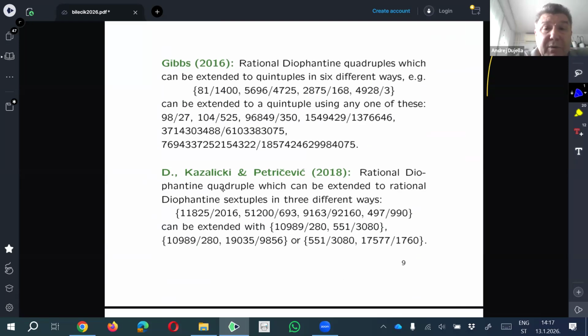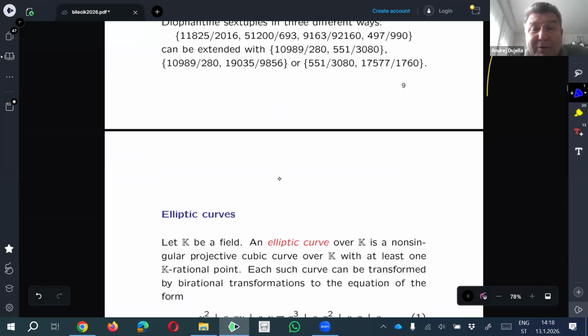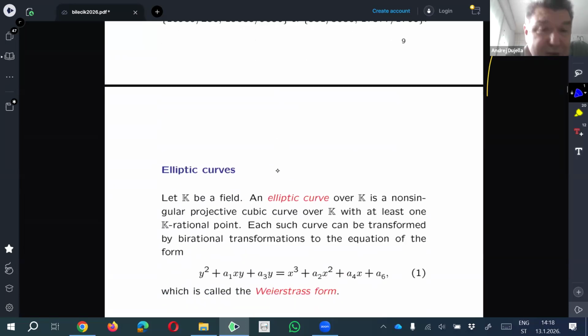For example, this quadruple can be extended to a quintuple in at least 6 ways. And there are also examples of quadruples which can be extended to sextuples in many ways. So I will stop here about rational Diophantine tuples, without any conclusion about what to expect about seven tuples.